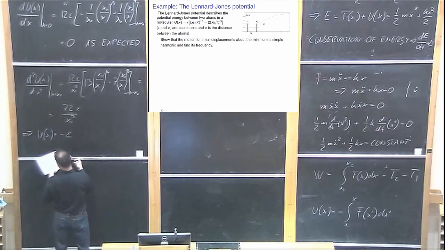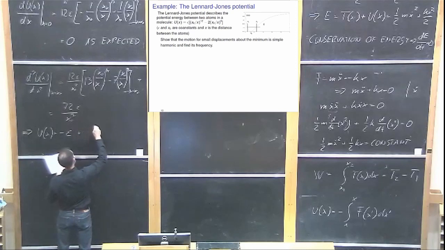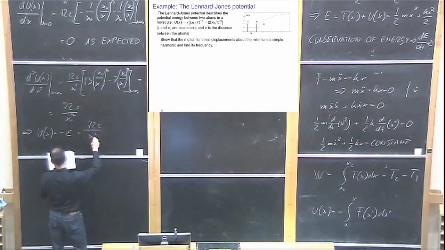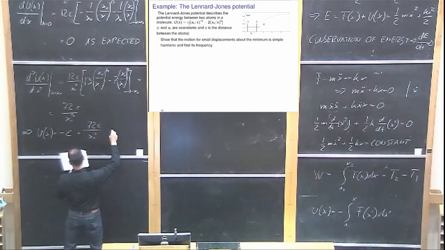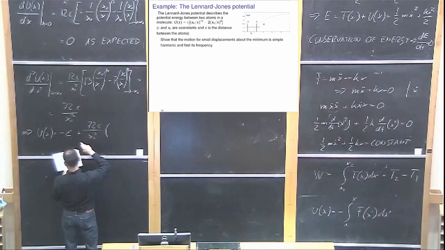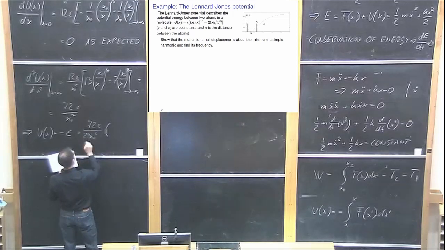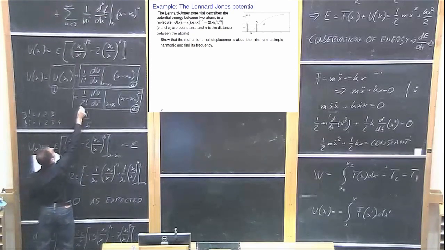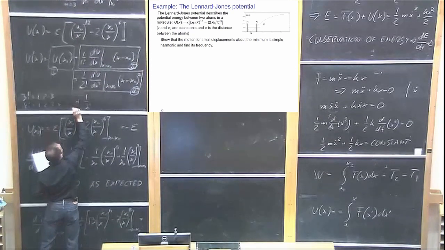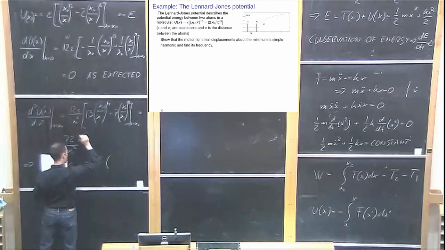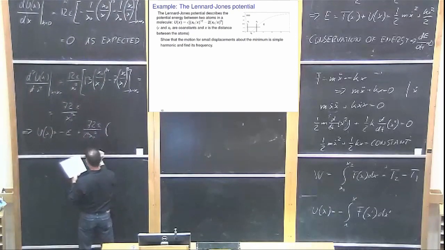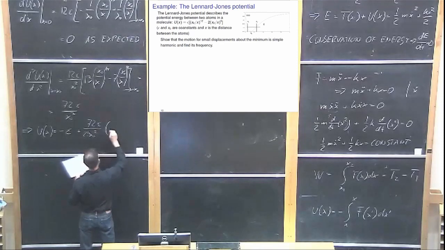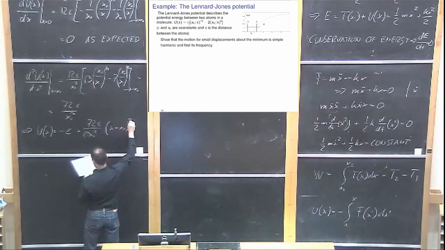And we end up then with plus 72 epsilon over x naught squared. Sorry, there's a 2 factorial which I've neglected from here. So there's a 2 factorial which I need to put in, times x minus x naught squared.